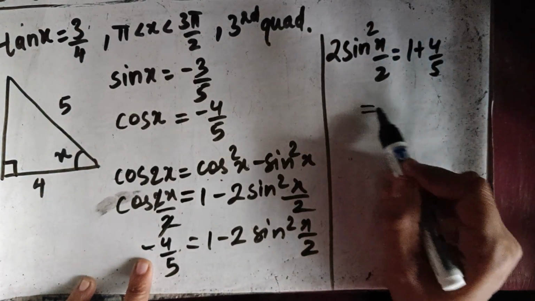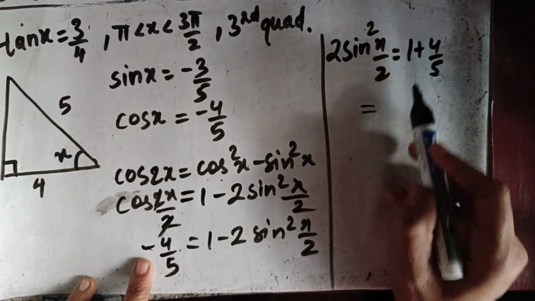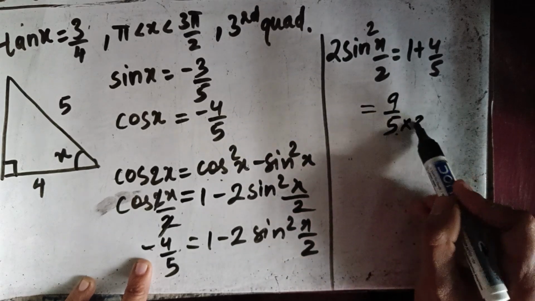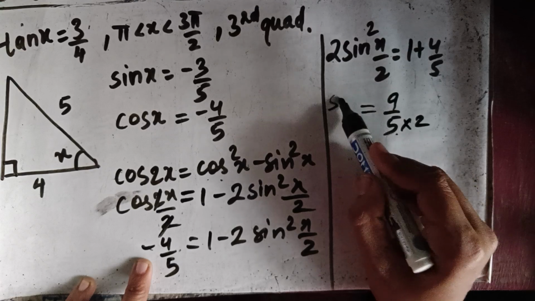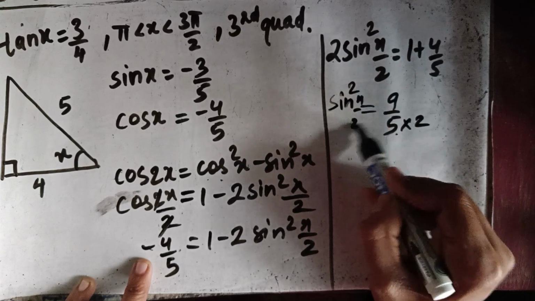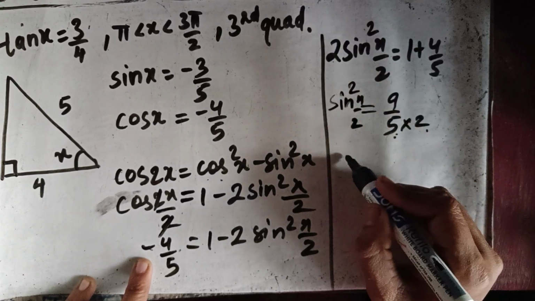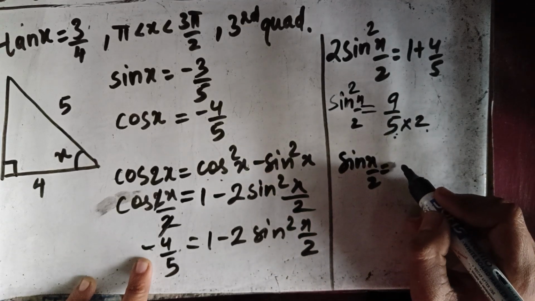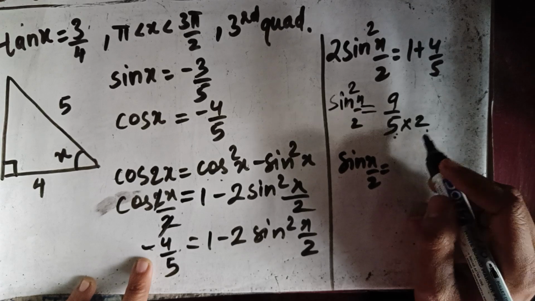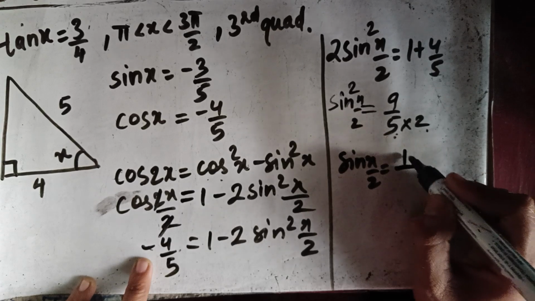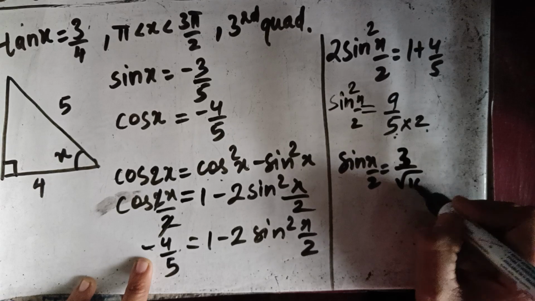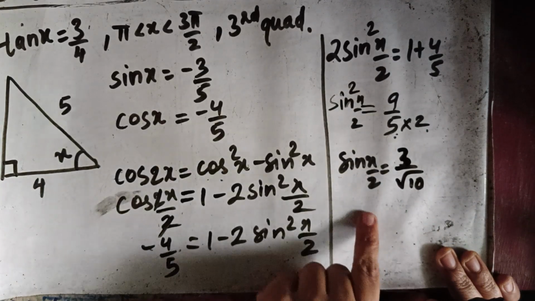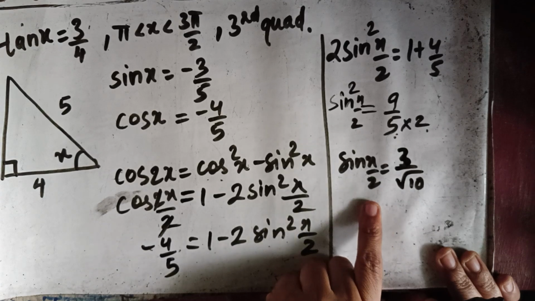Cross multiplying, we get 9 by 5, and this 2 comes here and gets divided, so sin square x by 2 is 9 by 10. So sin x by 2 is root of 9 by 10, that is 3 upon root 10. This is your sin x by 2.